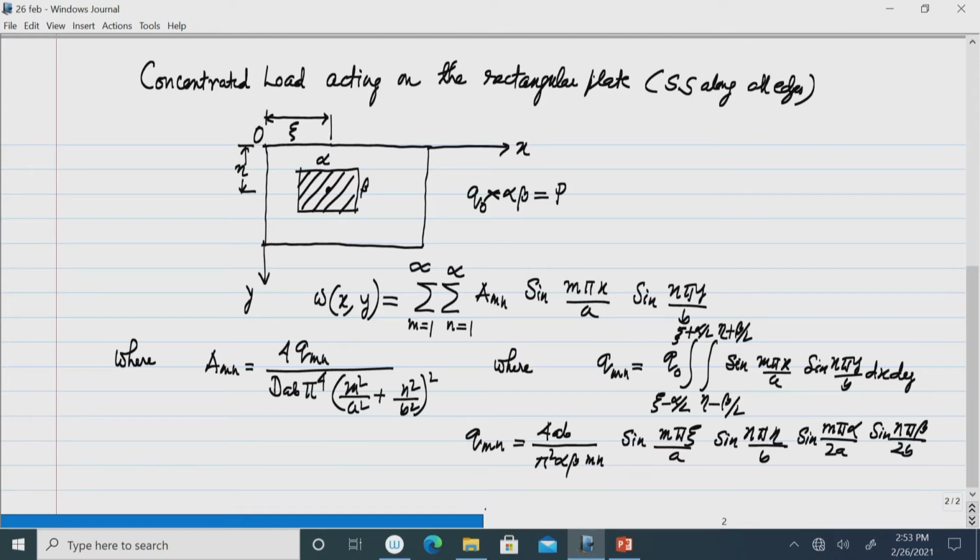So, this is our Qmn. Once Qmn is known, then Amn is known, and after knowing Amn we can find completely the deflected surface.